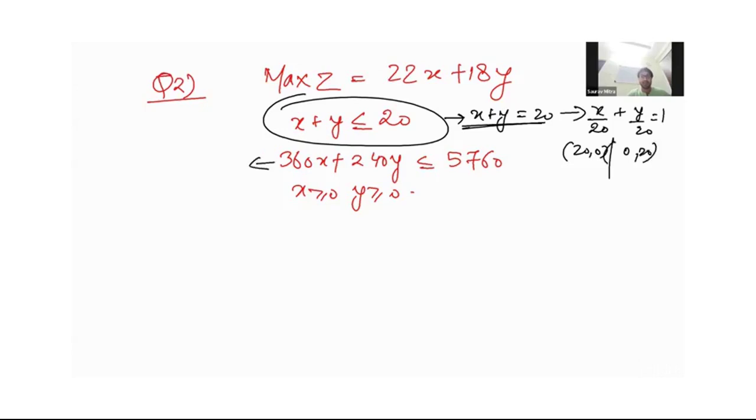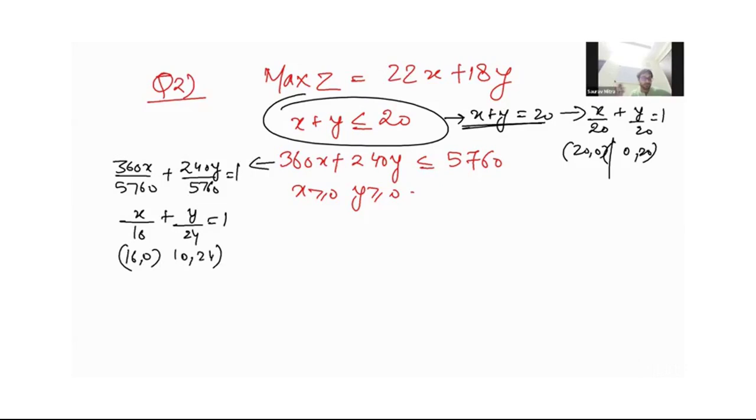Now if we convert the second into intercept form, it will be 360x plus 240y by 5760 equals 1. So it is x upon 16 plus y upon 24 equals 1. Clear? So the points regarding this are 16 comma 0 and 0 comma 24.